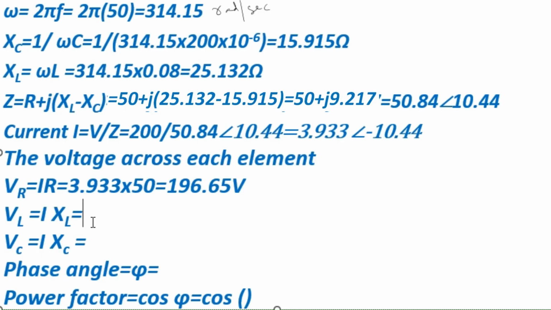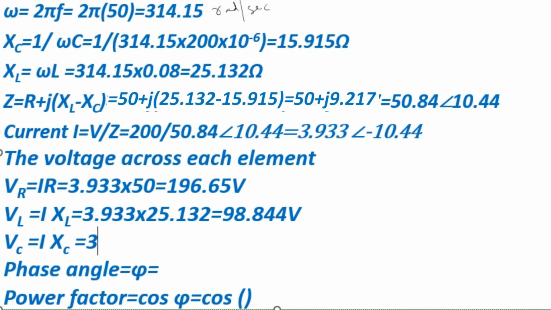and the value of voltage across the inductor is I into XL. I is 3.933 into the XL value 25.132, which gives 98.844 volts, and the voltage across the capacitor is I into XC.